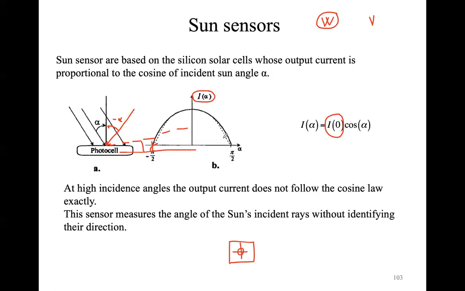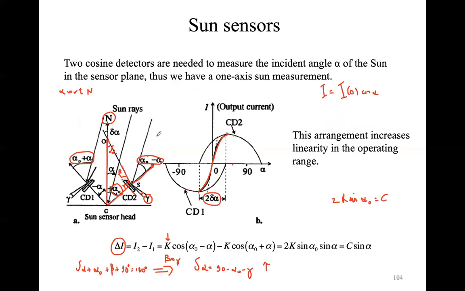So you are not able to have information of the sun inclination at angles alpha that are, let's write here, since alpha is the angle with respect to the normal, you have to be careful that 90 degrees minus gamma should be less than this value here. This is an important constraint, because otherwise you are not able to get any useful signal.